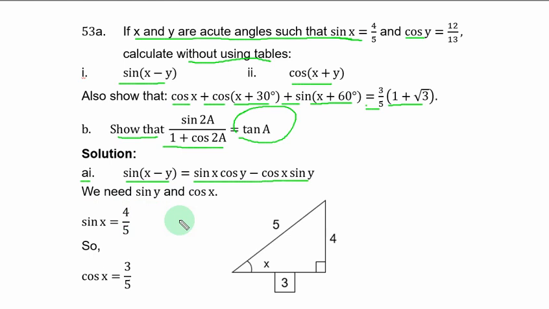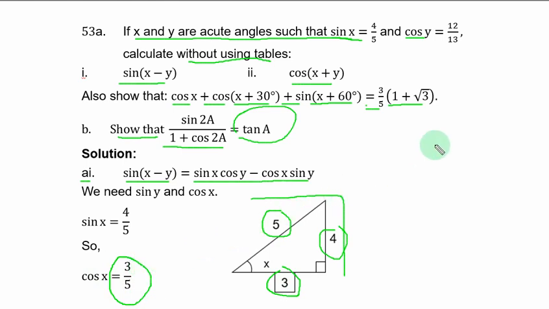You do that by drawing a right-angled triangle. From sine, this is the acute angle, 4 is the opposite, 5 is hypotenuse. By Pythagoras rule, the adjacent is 3. It follows that cos s is 3 over 5.